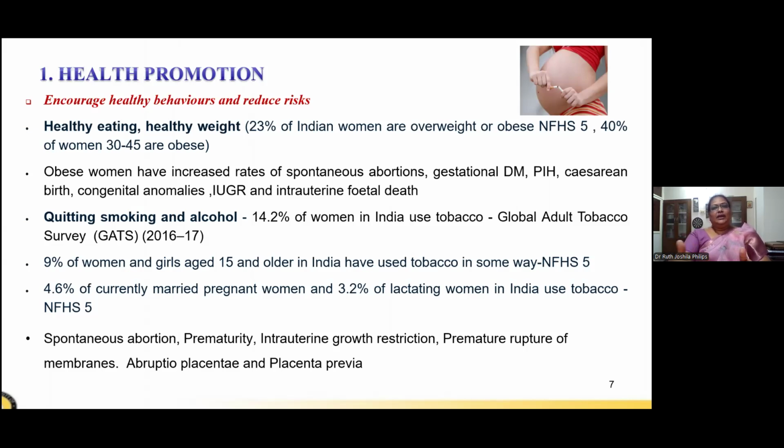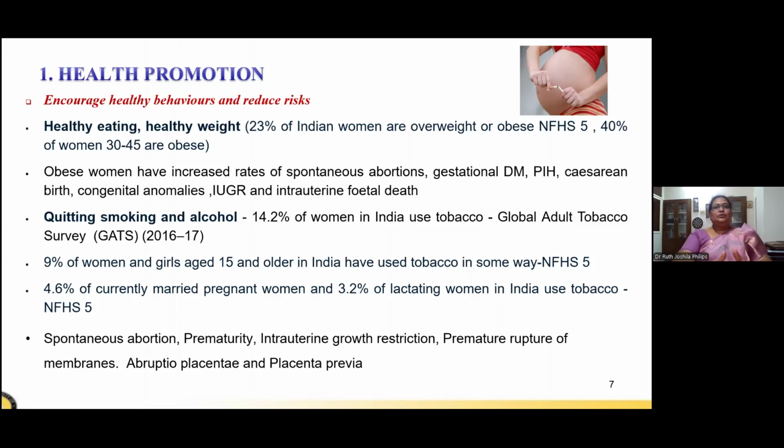A recent survey, NFHS survey, has shown that 23% of Indian women are either overweight or obese, and 40% of women in the age group of 30 to 45. Nowadays, since the pregnancies are all delayed, most of the women are coming for pregnancies after 30. So in that category of women also, we see a lot of obesity.